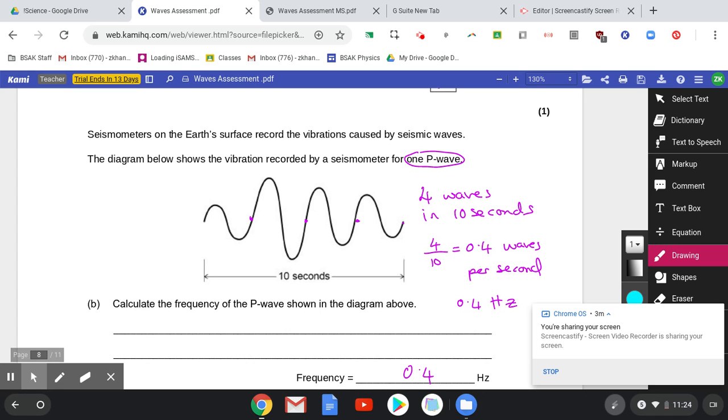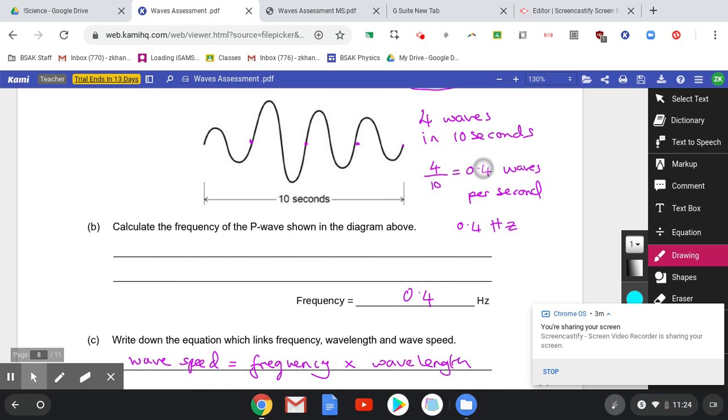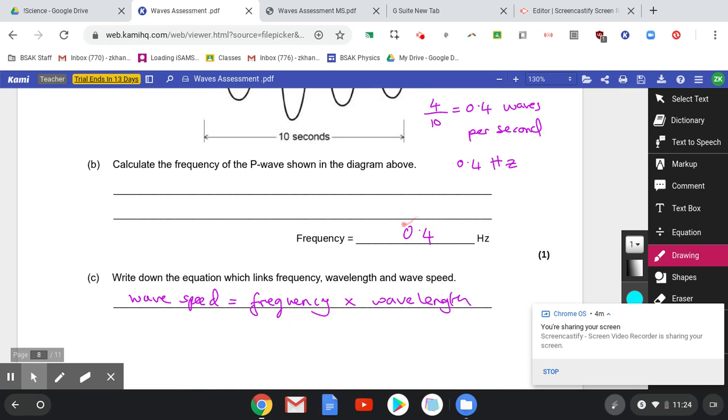So frequency is the number of waves passing in 1 second. So it's 4 waves divided by 10 seconds, and it's 0.4 waves passing every second. So it's 1 mark for the answer of 0.4.